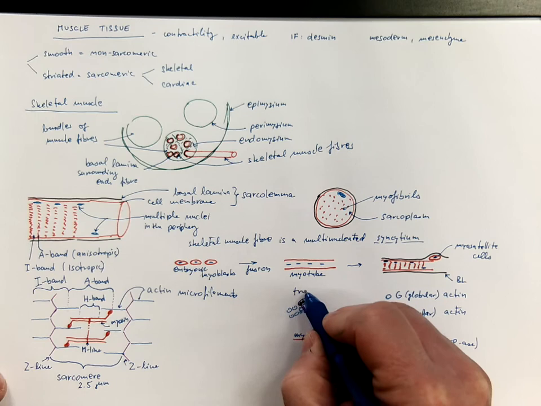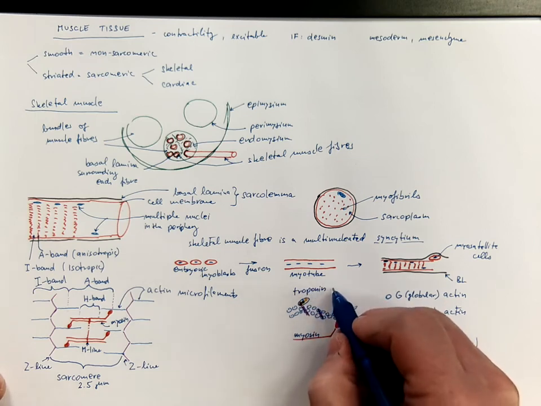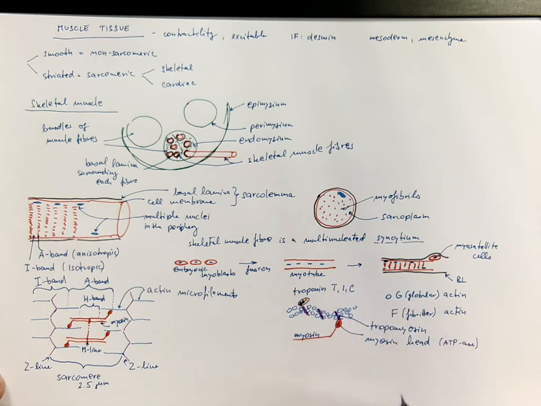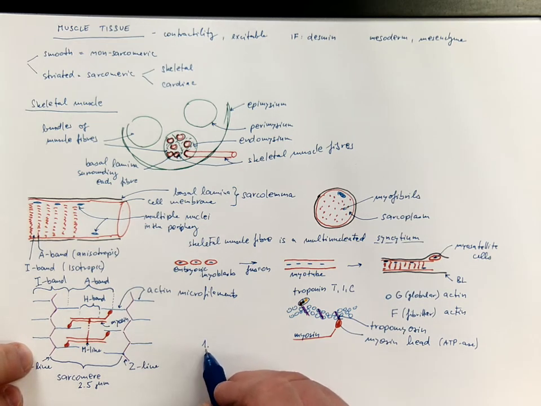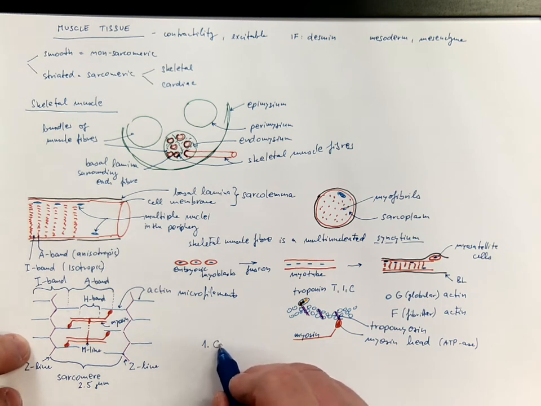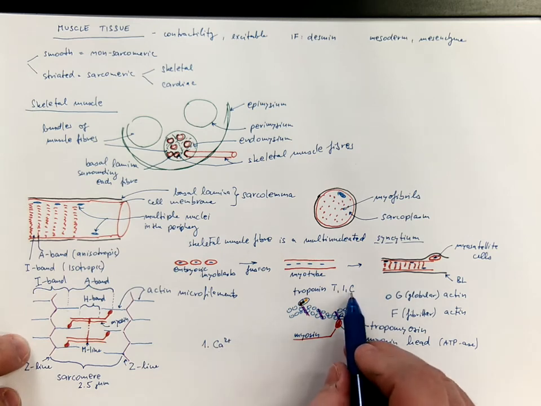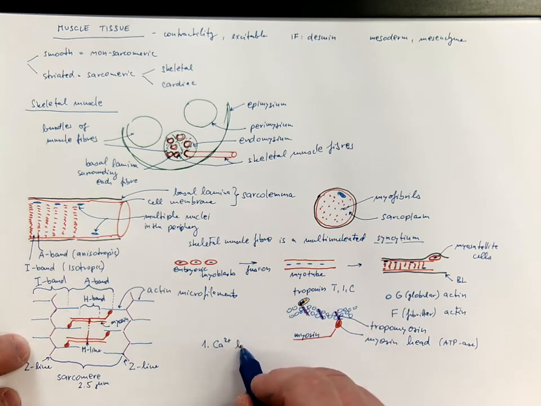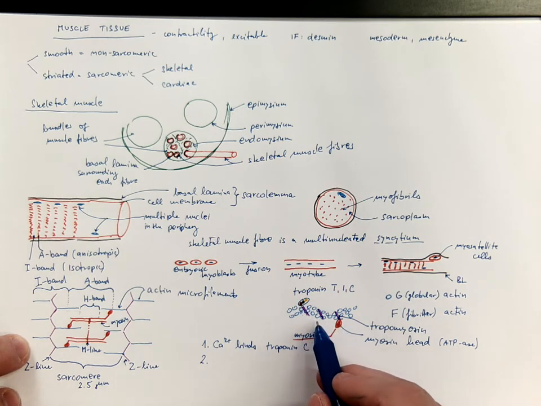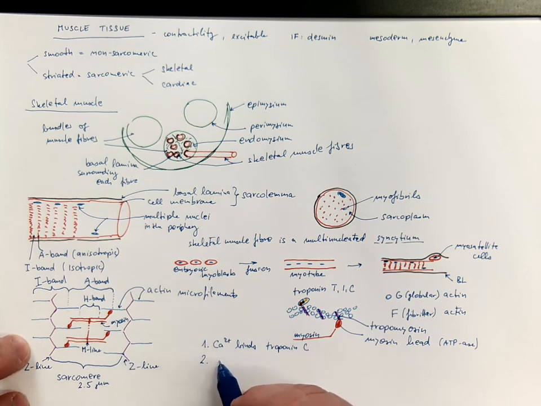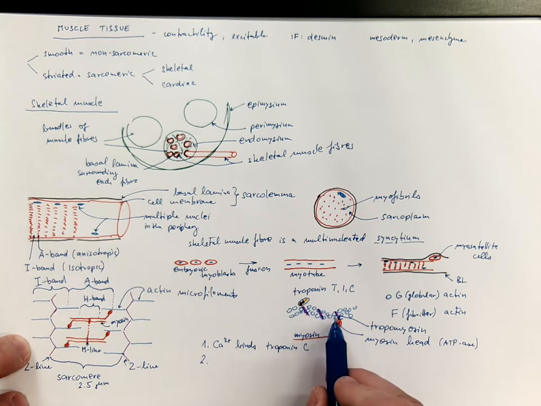So this is troponin with 3 subunits called T, I, and C. And briefly, when calcium cations bind to the C subunit of the troponin, this will cause a change in the spatial conformation of these proteins, resulting in pulling the tropomyosin away from the binding site on the surface of actin.